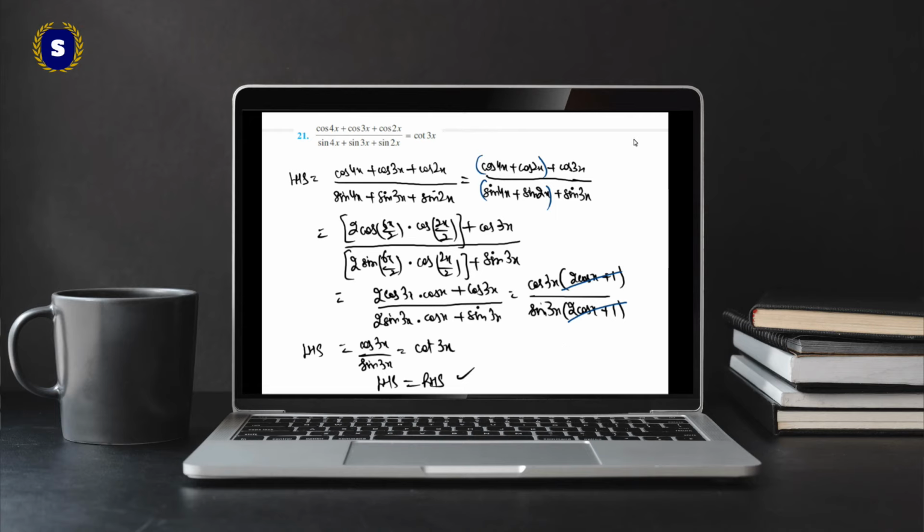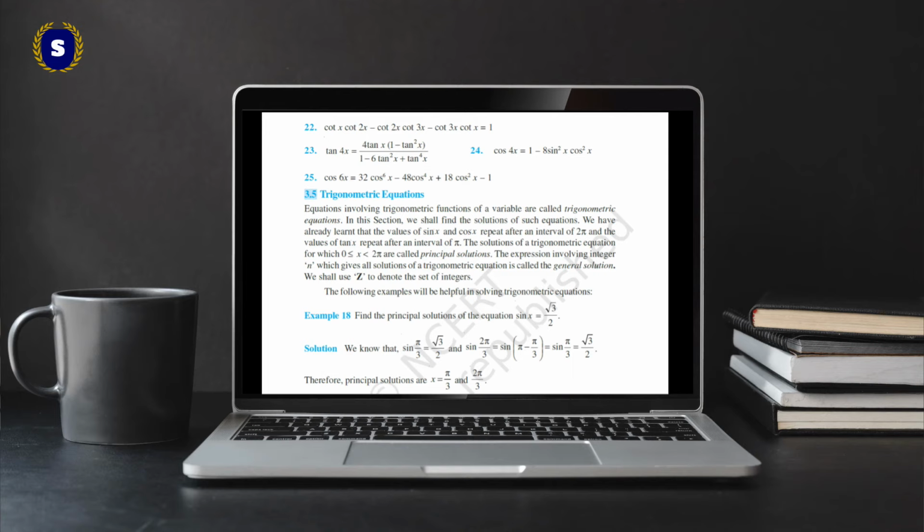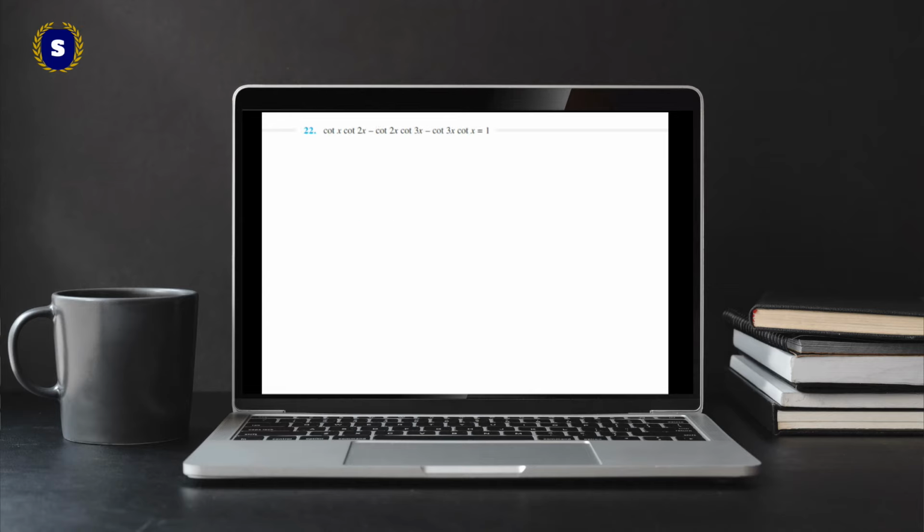Let's jump to the next question, that is question number 22. Cot x cot 2x minus cot 2x cot 3x minus cot 3x cot x.